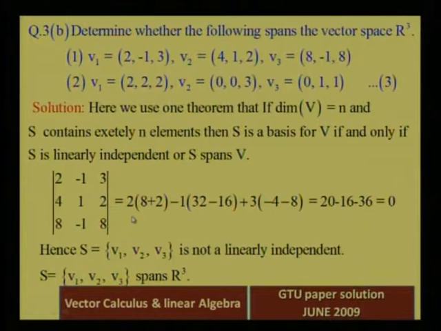That is equal to 2 into (8 + 2), minus (-1) into (32 - 16), plus 3 into (-4 - 8). Okay, that is equal to 20 - 16 - 36, which is equal to 0.